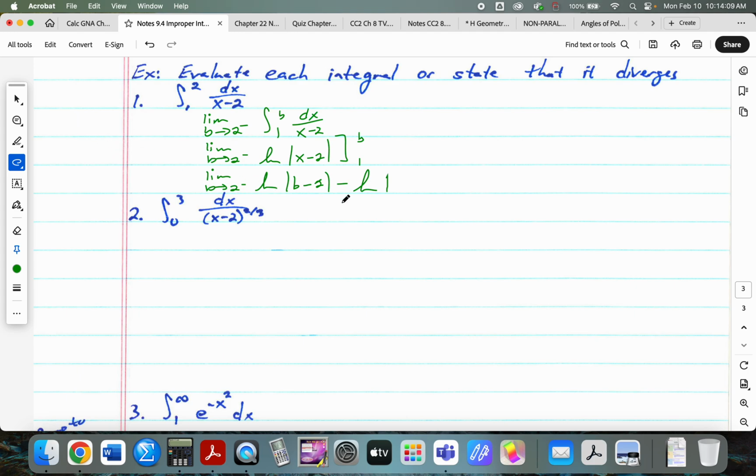So you're like, okay, natural log of something that's near 0 but still positive. Oh, well, that's negative infinity, isn't it? This diverges. And since that diverges, so does the integral.